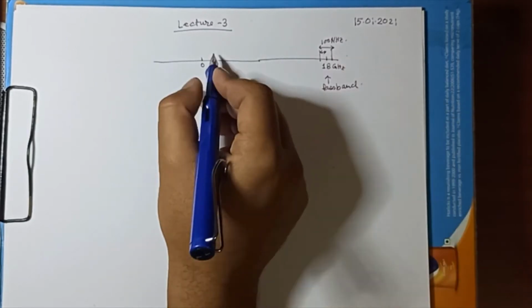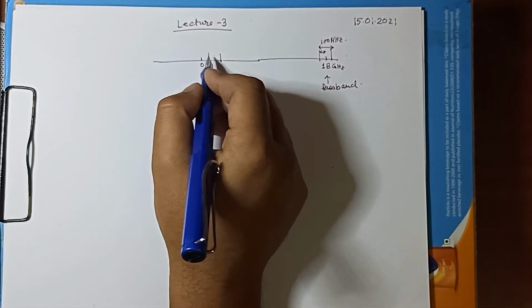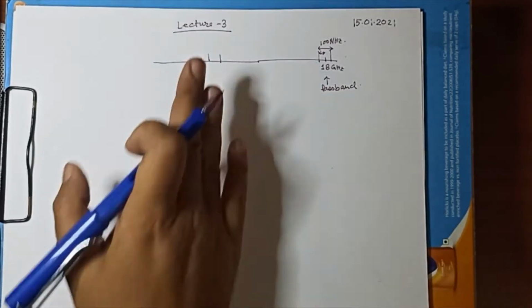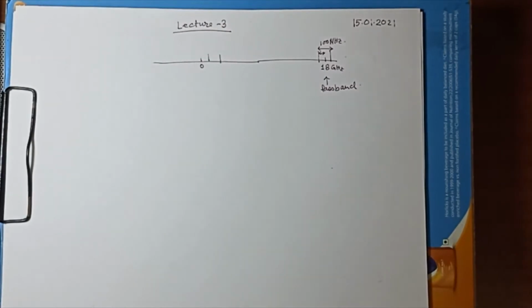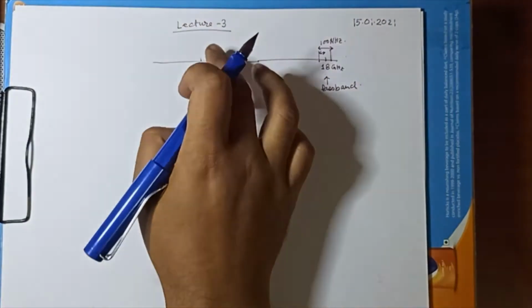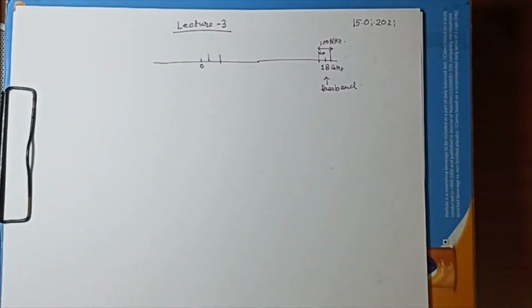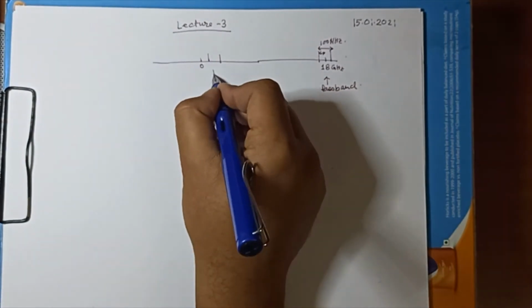So for that same 80 kilohertz, you put it here, you do different kinds of operations, and then through the mixer or modulator, whatever you say, you multiply with a particular carrier signal, and then you modulate to that given passband. So this is called baseband.